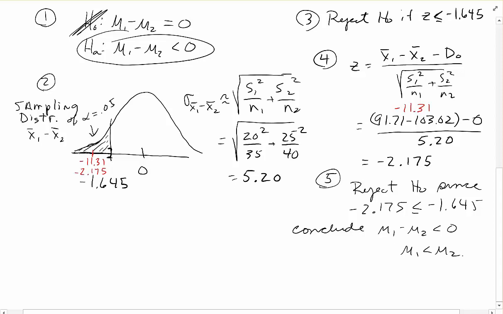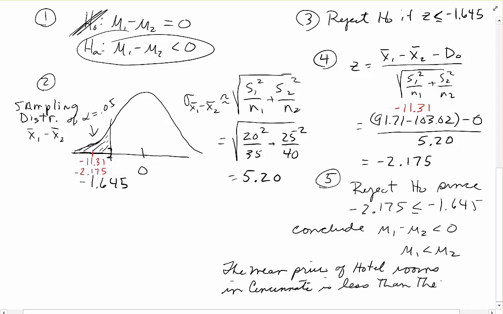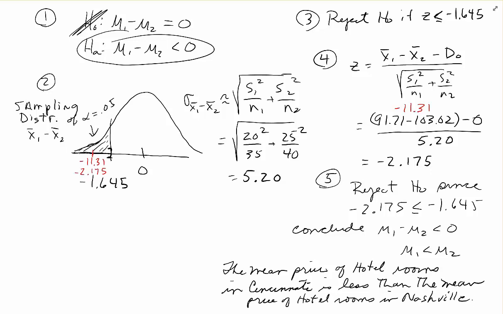And I would then say the mean price of hotel rooms in Cincinnati is less than the mean price of hotel rooms in Nashville. I have proven that Cincinnati's hotel rooms overall are cheaper than hotel rooms in Nashville.